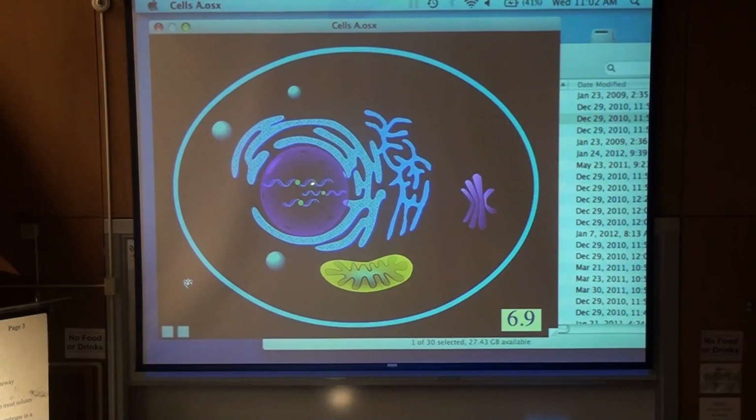All cells have one or more chromosomes, where their DNA, their genes are. And all cells have a type of organelle called a ribosome, which you can't see in this particular slide because they're kind of tiny, but prokaryotic cells, eukaryotic cells, it doesn't matter. All of them have these ribosome organelles.